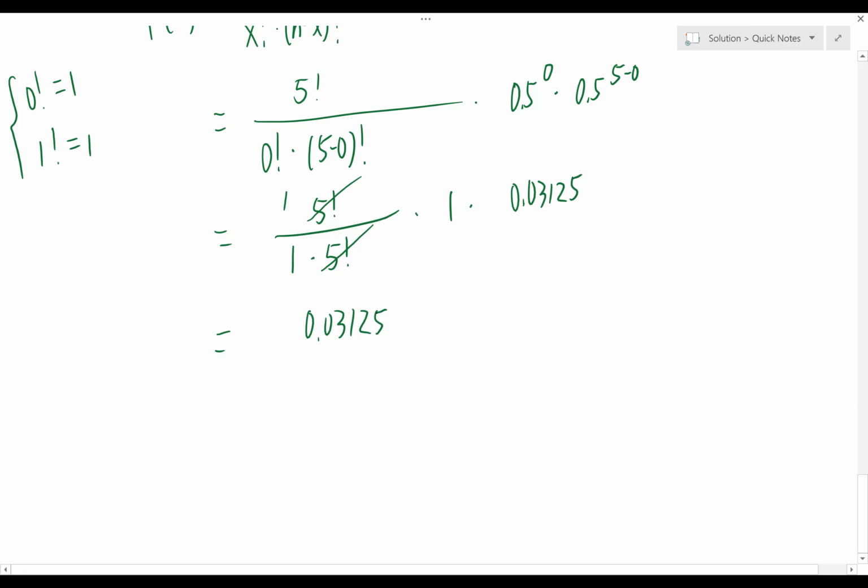Now I want you to try this, right? So think about the same example. Now you look at, find the probability of getting one head, find the probability of having one head out of 5 trials.